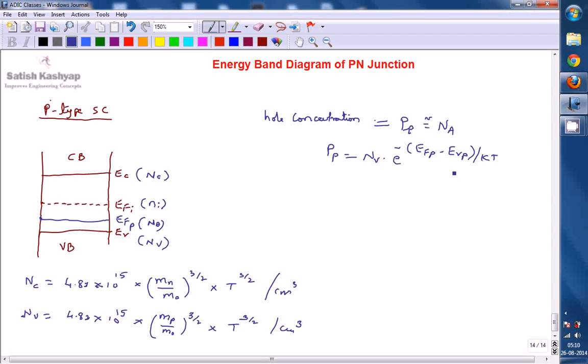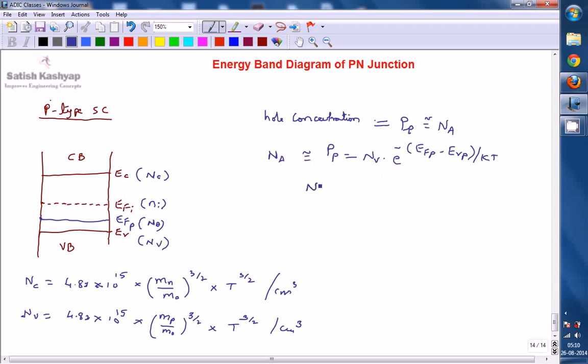The same EC, EV can be written as: EC is nothing but ECP, since we are dealing with p-type, and EV is nothing but EVP. So from this one, if you modify this equation, Pp is approximately equal to Na.